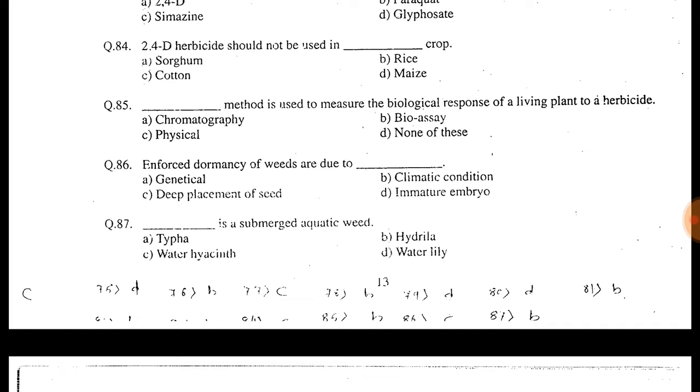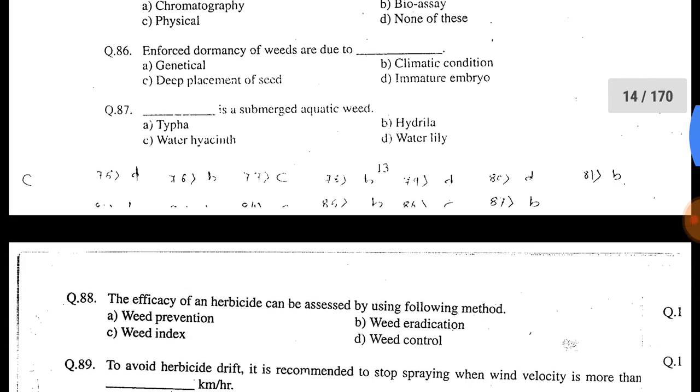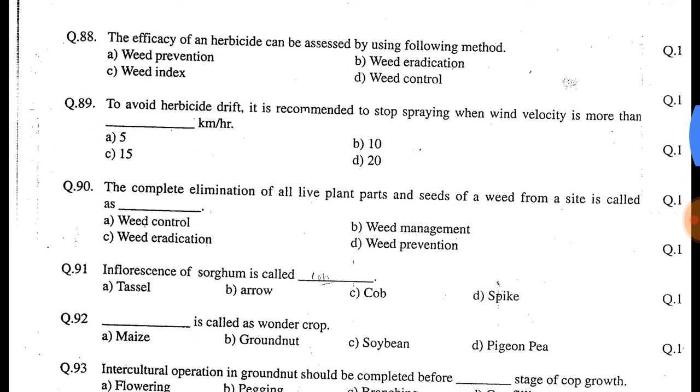Question number 86. Enforced dormancy of weeds is due to deep placement of seed. Question number 87. Hydrilla is a submerged aquatic weed. Question number 88. The efficacy of an herbicide can be assessed by using following method: weed index. 89.